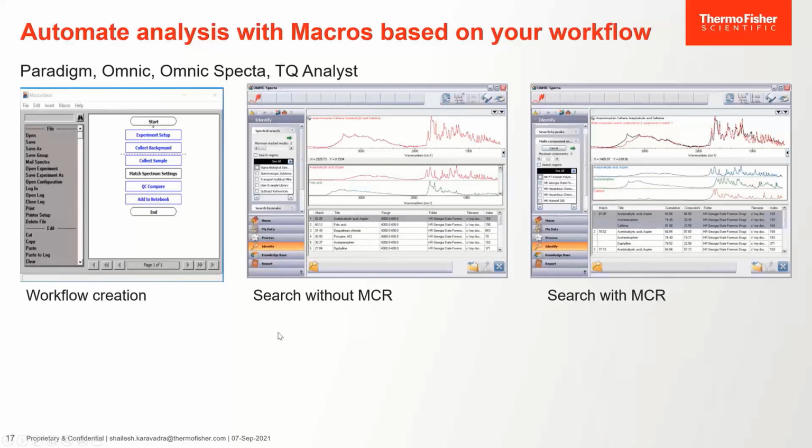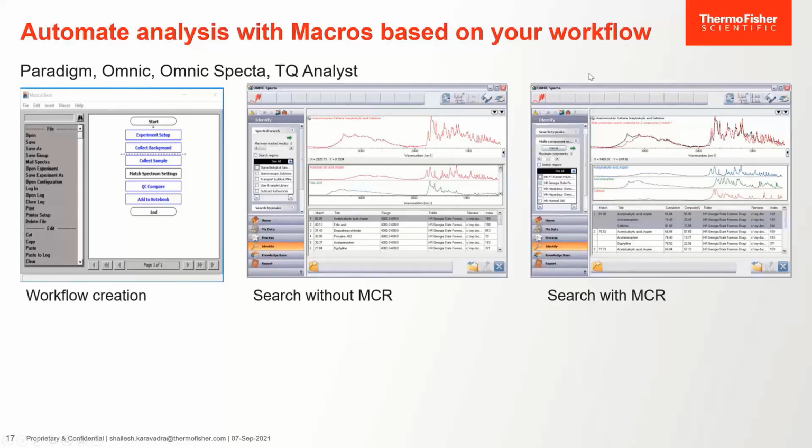And then we use something called MCR, which is multi-component curve resolution software. Basically, it allows you to identify mixtures very easily if they are detected. So here in figure 2, we did an identification search without using MCR for a tablet, and we can see that we only found aspirin.